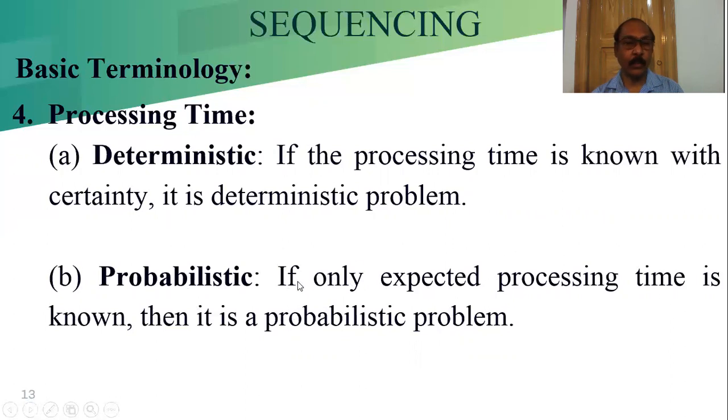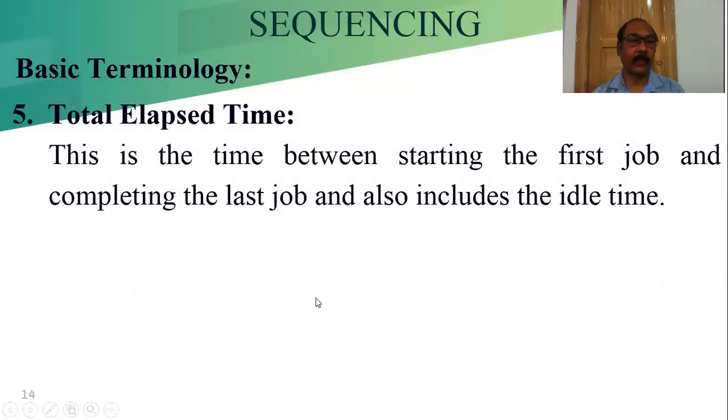Suppose job 3, when it is processed on machine 3, we can say that it will take 30 minutes, but we cannot confirm that it will take exactly 30 minutes. It can take less than 30 minutes, it can take more than 30 minutes. That's why it is called the probabilistic problem or probabilistic model.